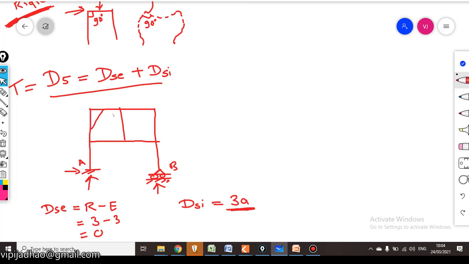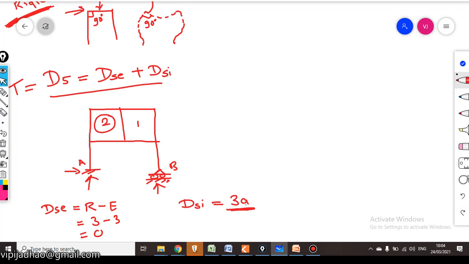You can see here this particular area is completely enclosed by the members, and this particular area is completely enclosed by members. So we have two areas which are completely enclosed by members on all sides, whereas this particular area is not enclosed on this side, therefore it will not be considered in this term.